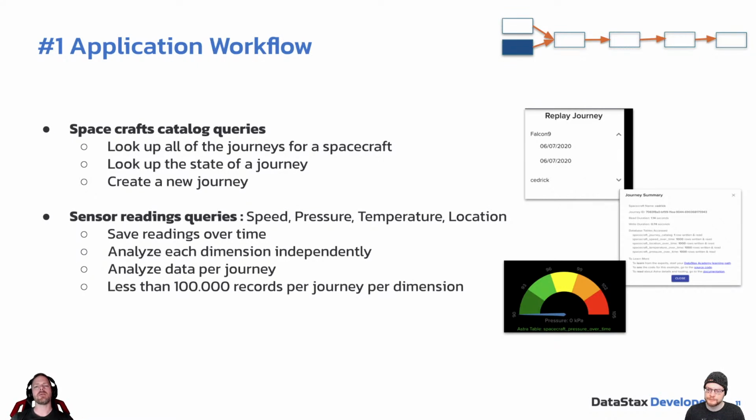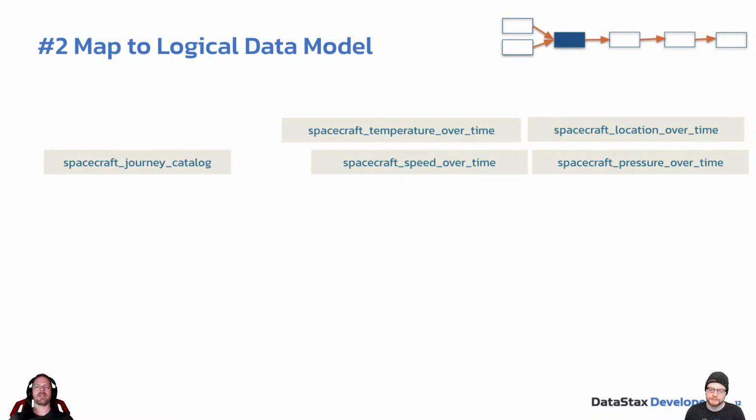So it's kind of a requirement we've set as part of our workflow here. What that means is I want to be able to analyze any one of those metrics without having to filter out the others. So you just start to see where we're using both the conceptual data model and the application workflow to start to generate our pseudo tables.